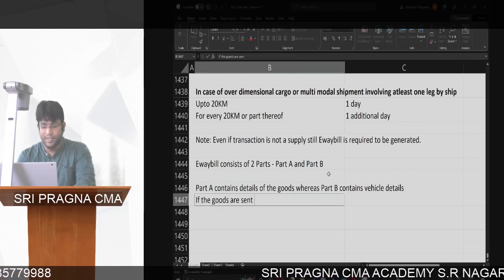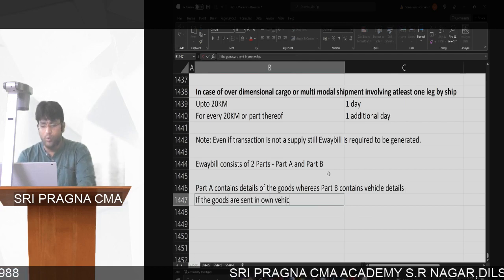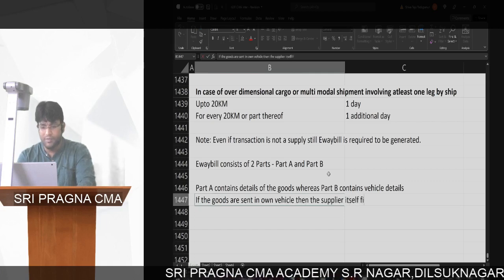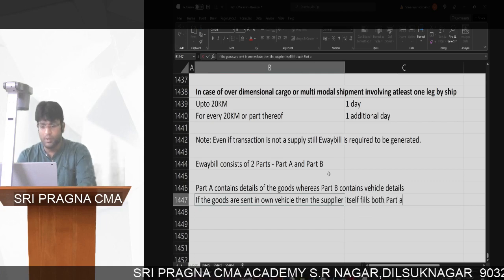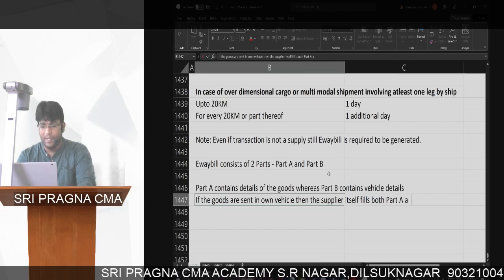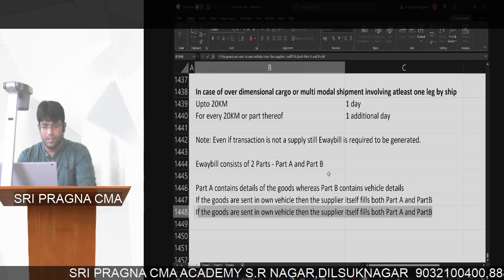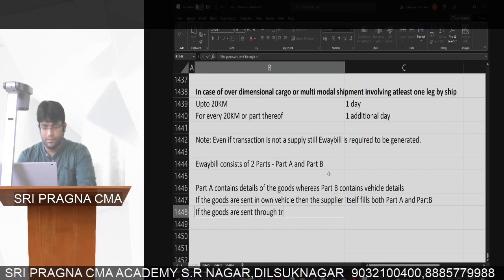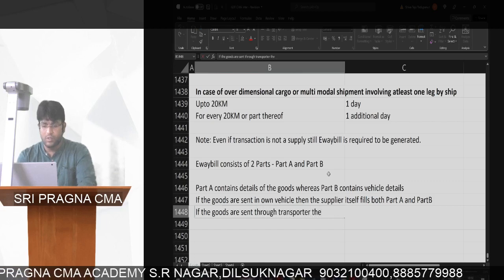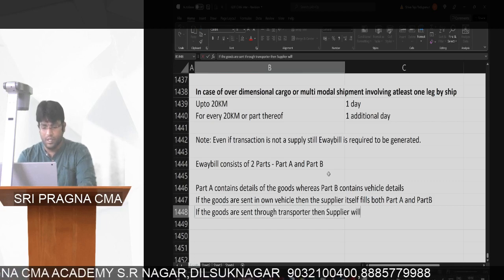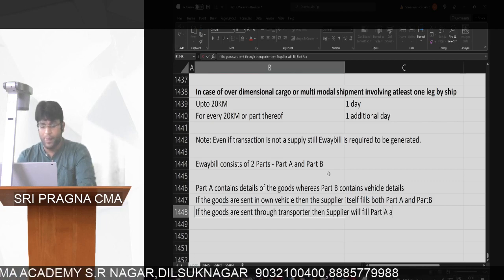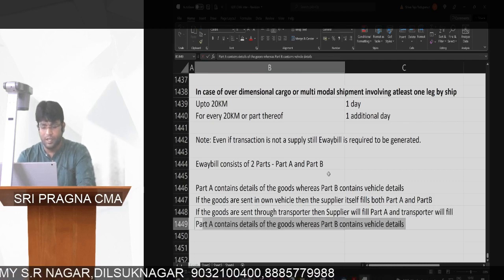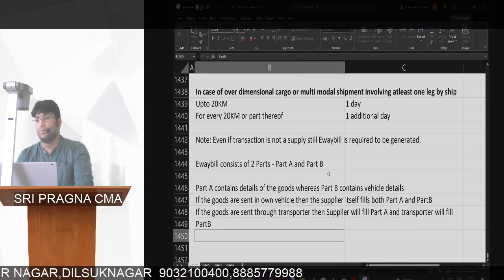If the goods are sent in own vehicle, then the supplier itself fills both part A and part B. But if the goods are sent through a transporter, then the supplier will fill part A and the transporter will fill part B. This is important.